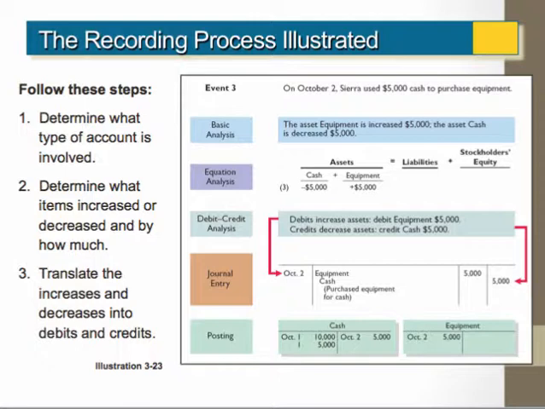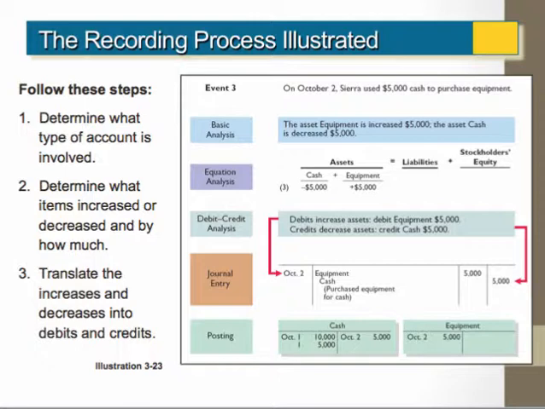Now let me stop right here and note to you that in the journal entry, notice that the debit entry is recorded first and the credit entry is recorded second. The credit entry is also indented so that we can quickly identify which of the accounts are debits versus credits.